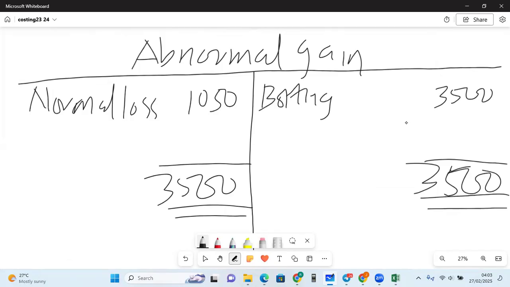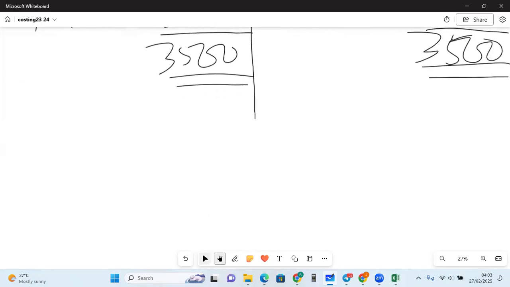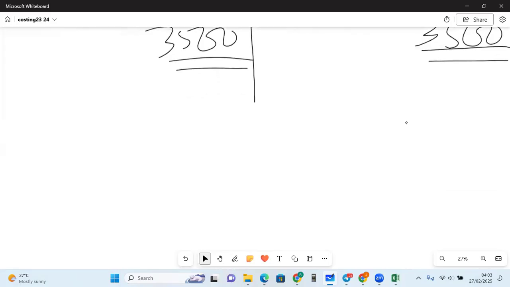Now the difference will be sent to the P and L. 3500 minus 1050, 245 plus, this is what is going to be sent to the P&L account. Now we come to the abnormal loss account.